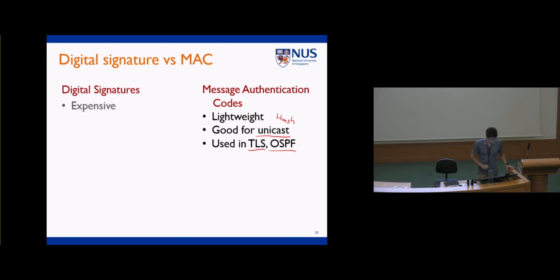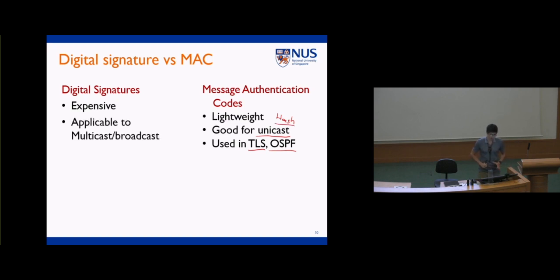And in comparison, well, we have digital signatures, which are more expensive because they have to use some public key encryption method like RSA. And if you are using RSA, you have to do modular exponentiation, which is much more expensive compared to hashing only.